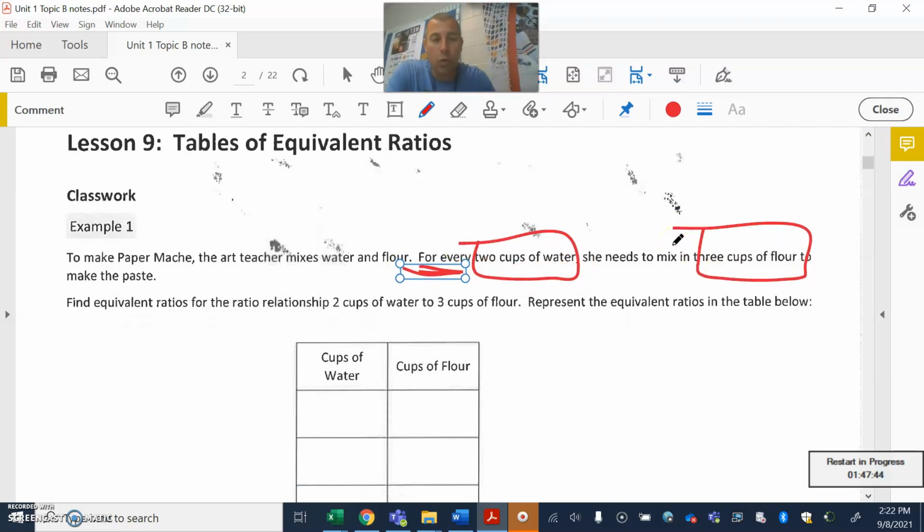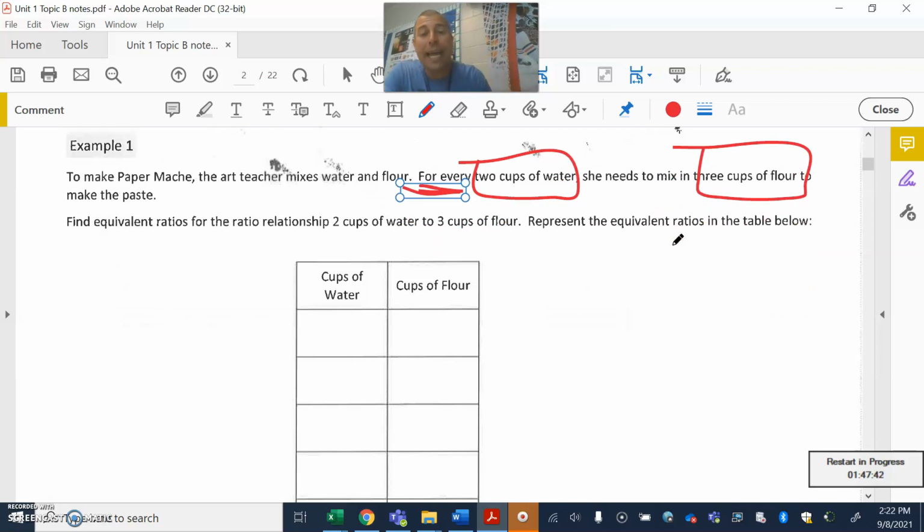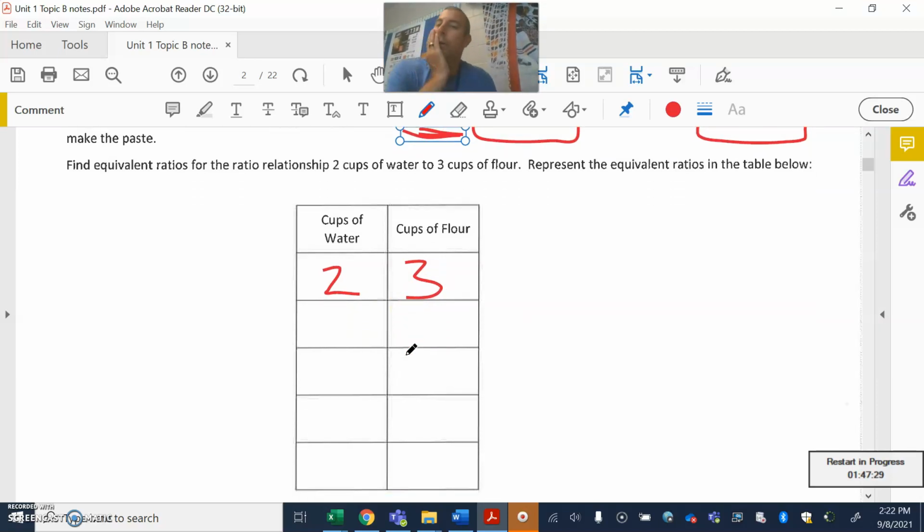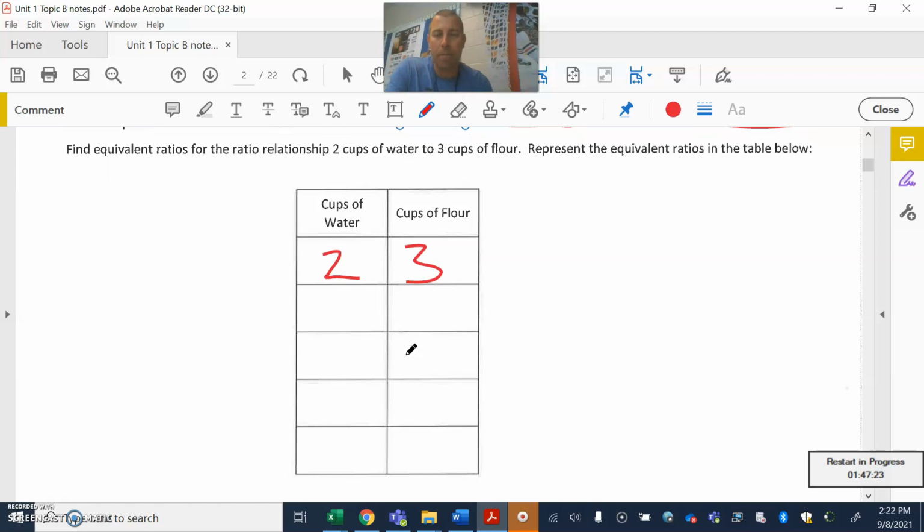Okay, so what we do is we get our original ratio at the top of the table. 2 cups of water, put your 2 in. 3 cups of flour, put it in. To create equivalent ratios, we just multiply by the same number. But watch what we can do to speed things up now. Repeat addition is multiplication in disguise.